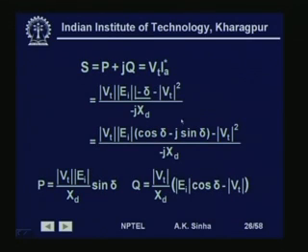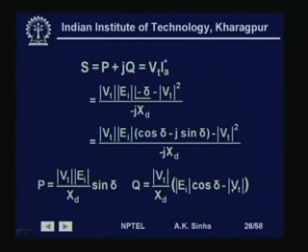So, now if we substitute that into VT into IA conjugate, then we are going to get this relationship, and if we substitute for all this delta angle here, then we get finally P is equal to VT into EI by XT into sin delta, and Q is equal to VT by XT into (EI cos delta minus VT).